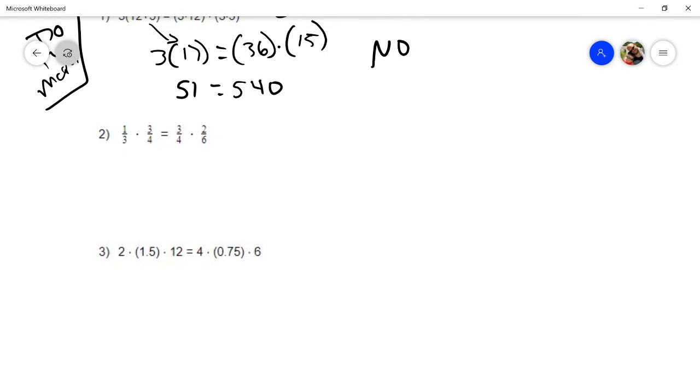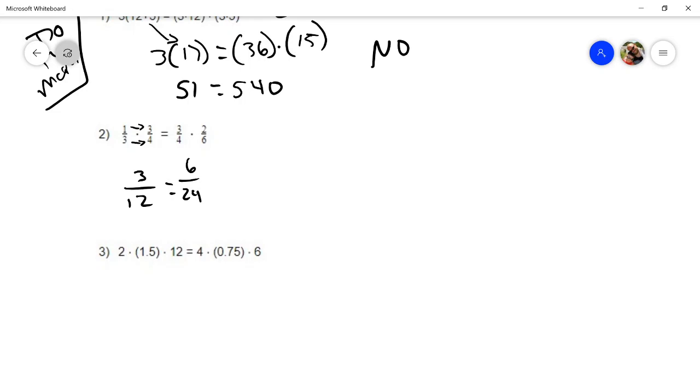All right, next one. 1/3 times 3/4 equals 3/4 times 2/6. When we multiply, we go straight across, right? So that's 3 over 12 equals 6 over 24. Now, I like to simplify.